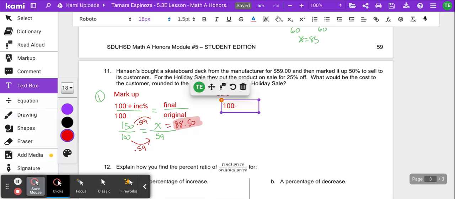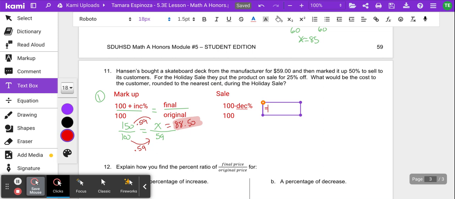100 minus the decrease percentage over 100 equals our final sale price, final over original.